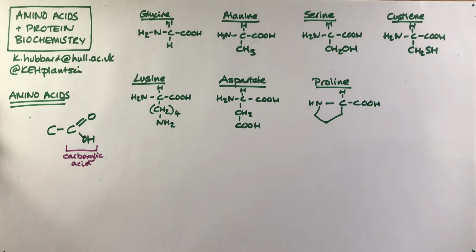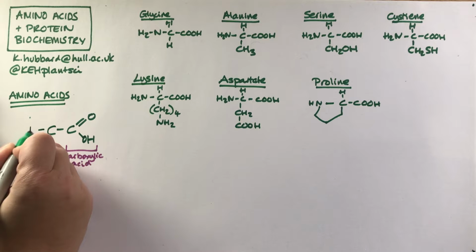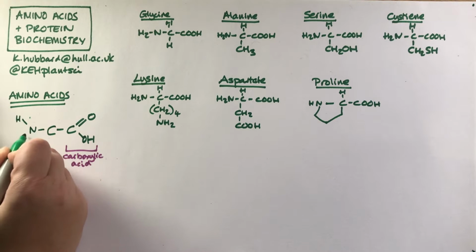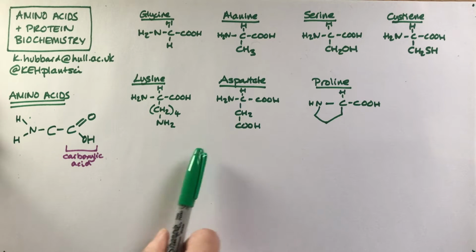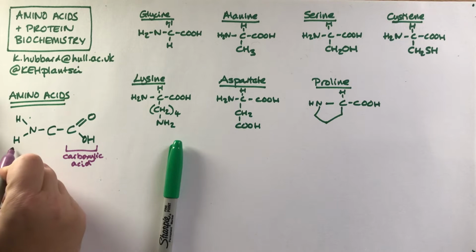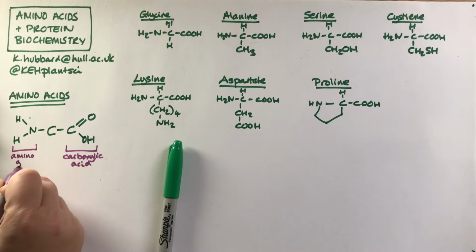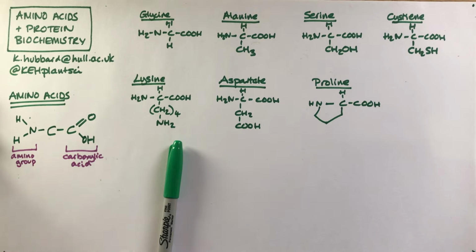So that's where the acid bit of the name comes from. On the other side, we have N and two hydrogens, which is the amino group. So those are the two main groups that give the amino acid its name.